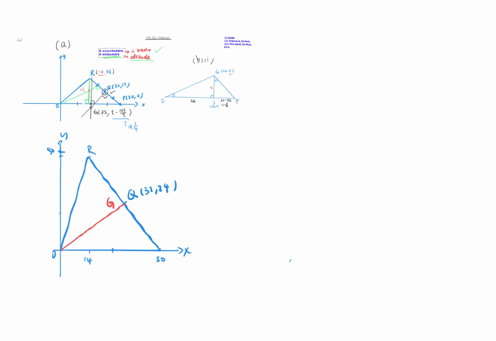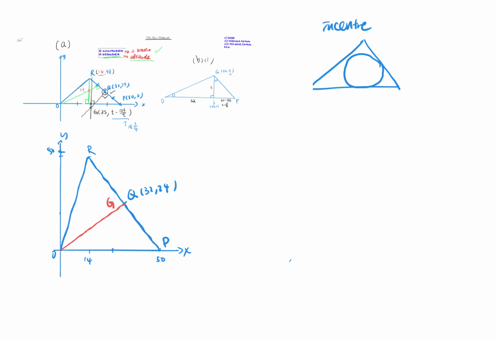Anyway, now the question says we denote the in-center of triangle OPR. So we need the in-center. How do we start? The in-center of OPR, we need to actually sketch it and think about it. Number one, we need to sketch the in-center of the triangle.